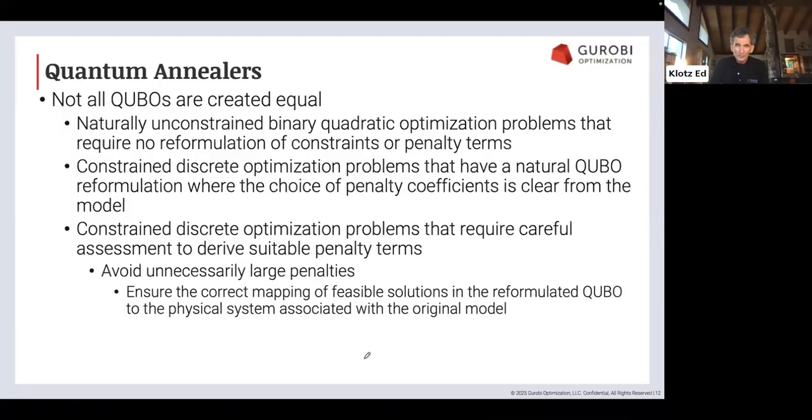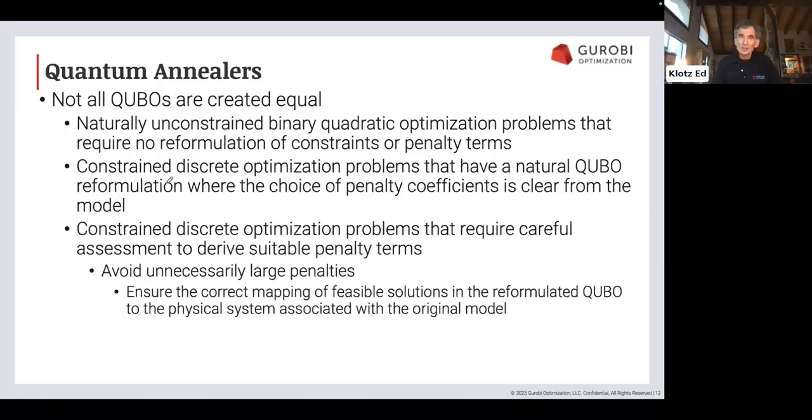Okay, so that ends the first section. We've got some building blocks now about how to reformulate into this QUBO form. But what we'll find is that these QUBOs fall into different categories. Sometimes you can actually formulate a model directly as a QUBO without having to worry about any linear constraints.